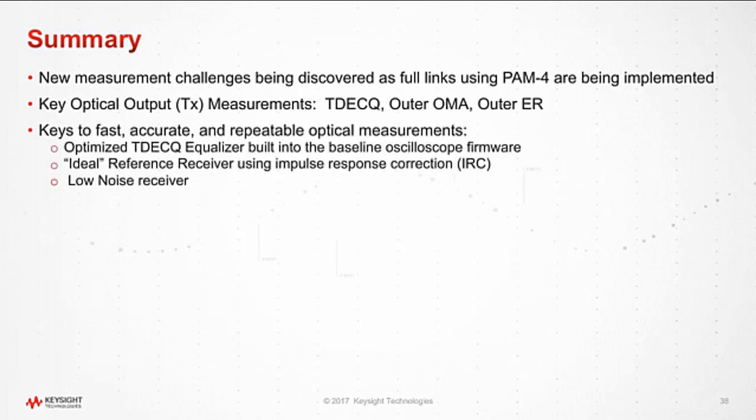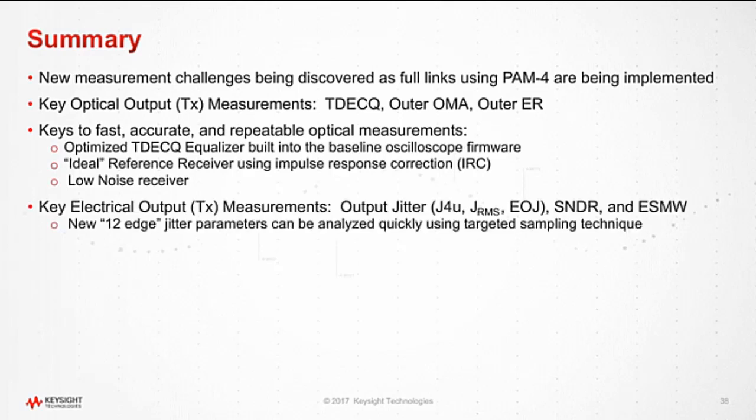In order to perform these measurements very quickly, accurately and repeatably, you want to make sure that you're using a solution that has been optimized per the latest standard, and that it has the ability to create an ideal reference receiver using impulse response correction, and that you're starting out with a very low noise receiver.